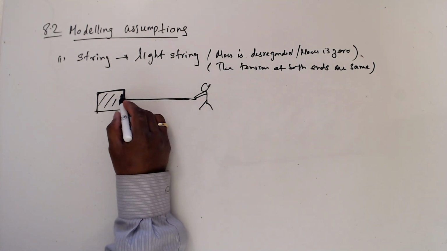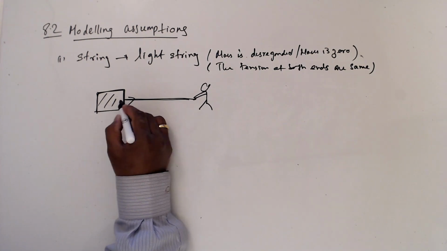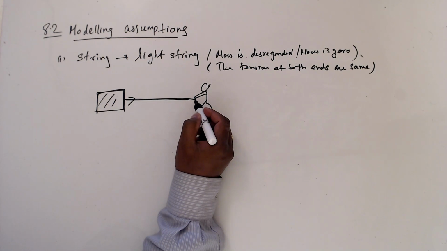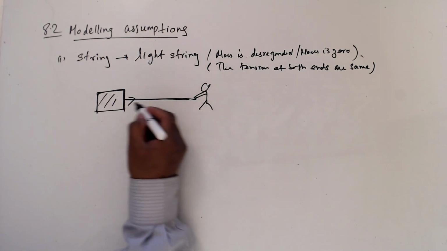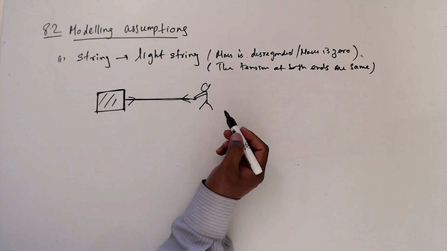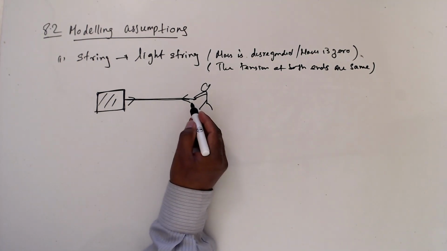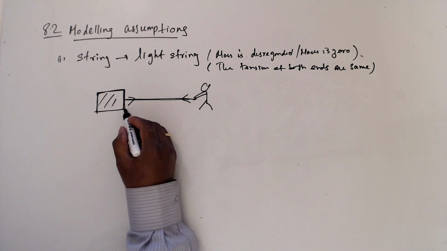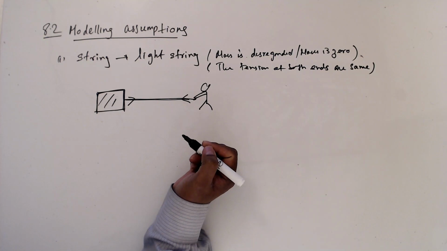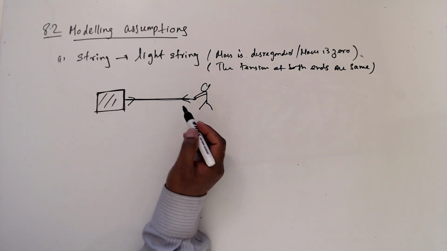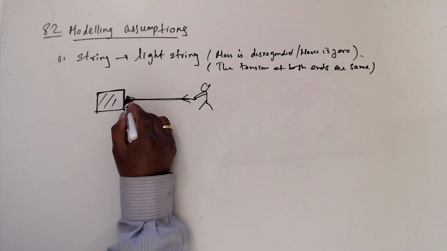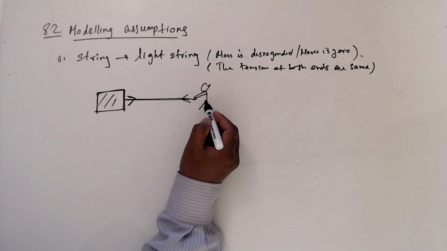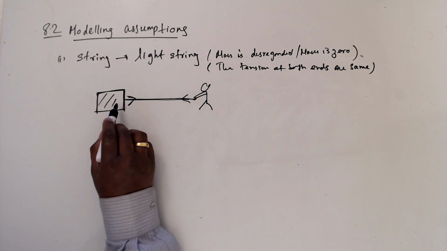This object feels that it is pulling in this direction, and at the same time this person feels that he is pulled by this object.